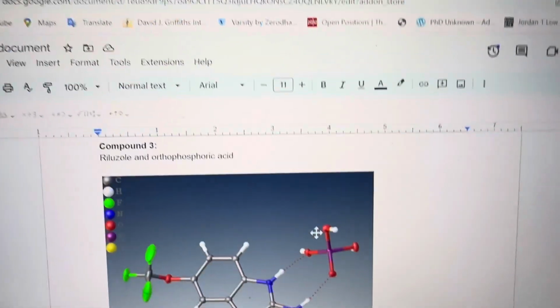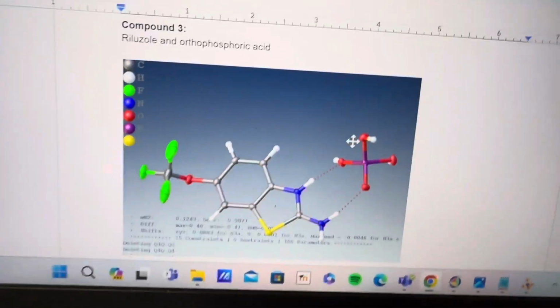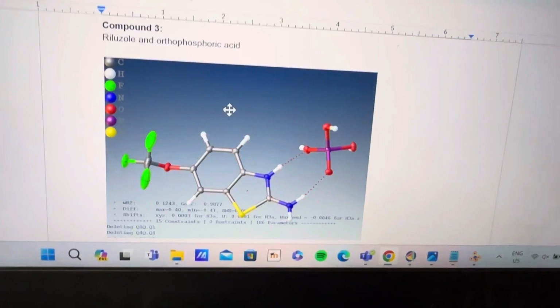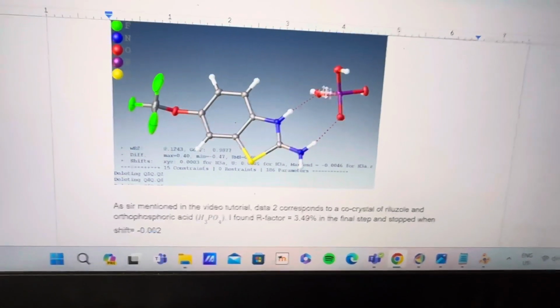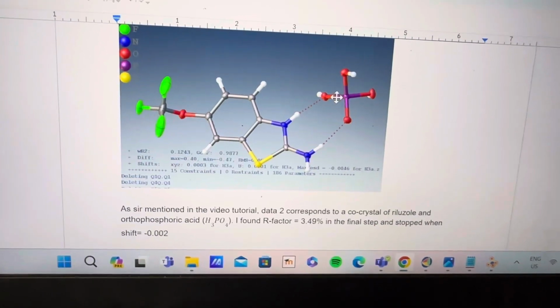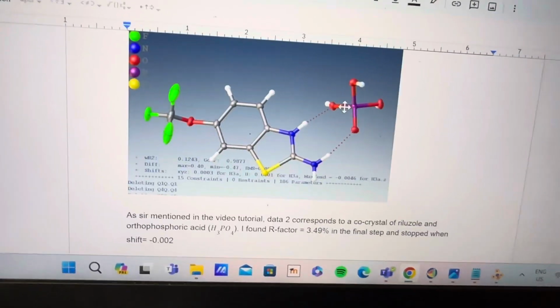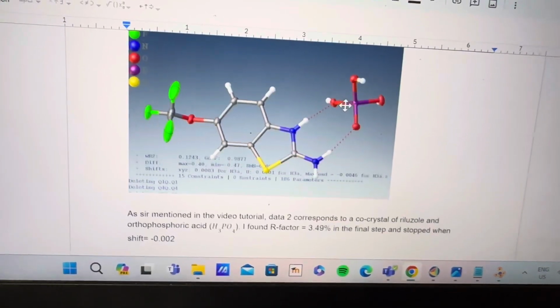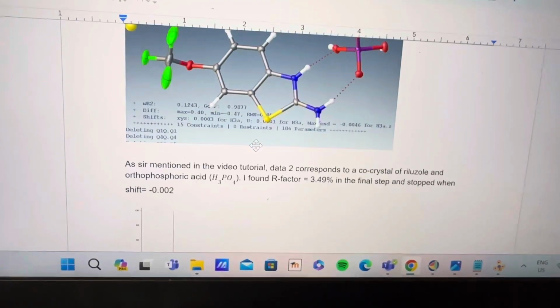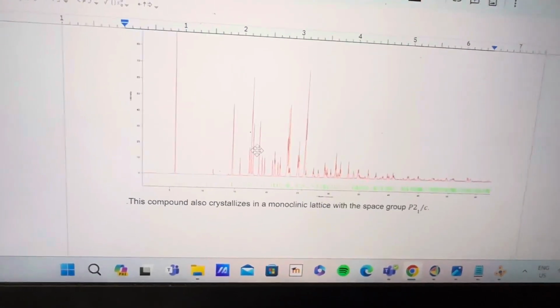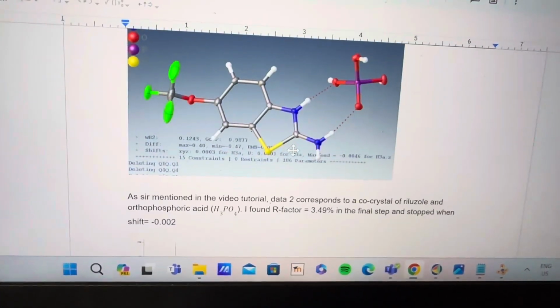Next, we have riluzole orthophosphoric acid. This was a little easier to construct than RMAL because the orthophosphoric acid appears nearby the nitrogen atoms every time, I don't know why, but yeah.